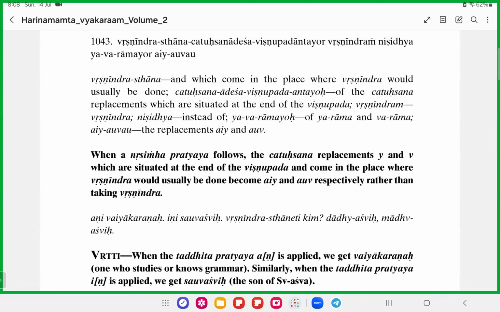Actually, I recently came across one example for this. So the sutra says when a Nrsimha Pratyay follows, the Chatusana replacements Ya and Va, which are situated at the end of Vishnu Pada and come in the place where Vishnendra would usually be done, become this and this.